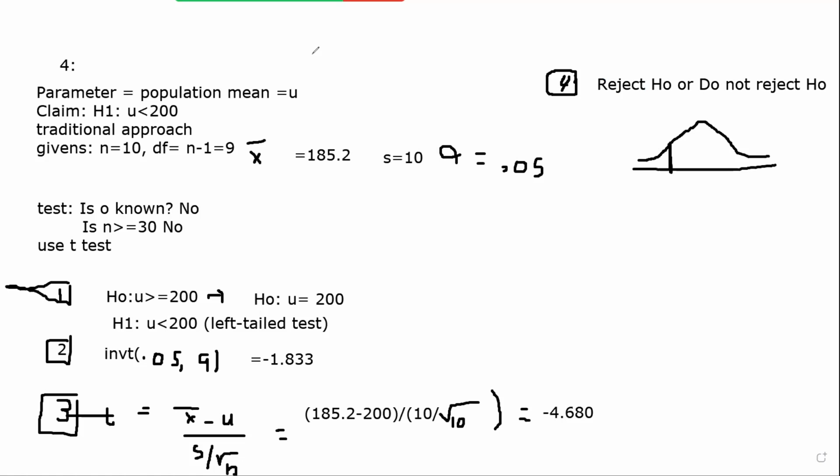This is CV, and its T is equal to negative 1.833. My test statistic that I just calculated is all the way over here somewhere.